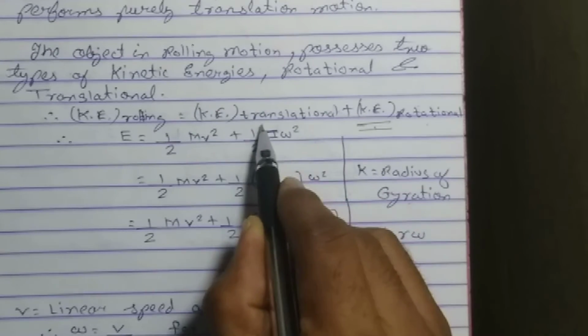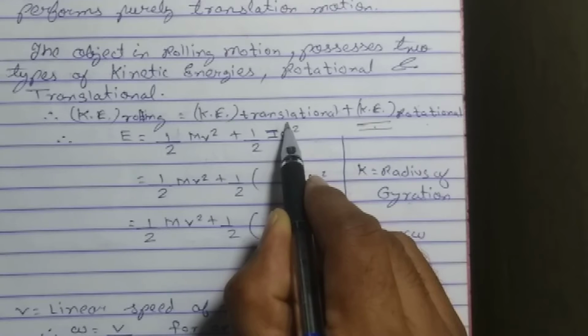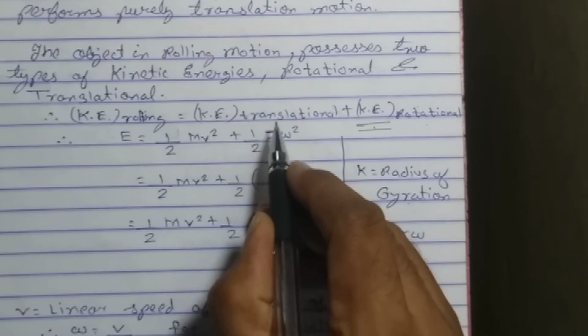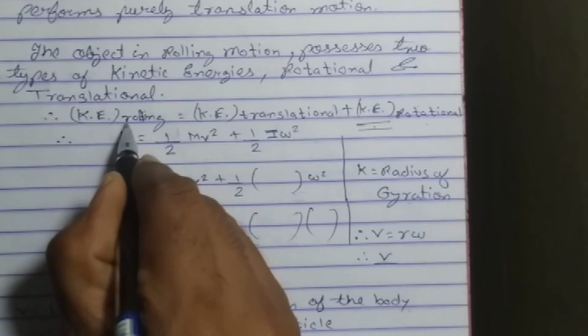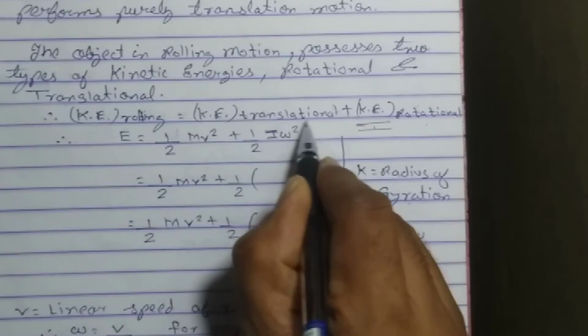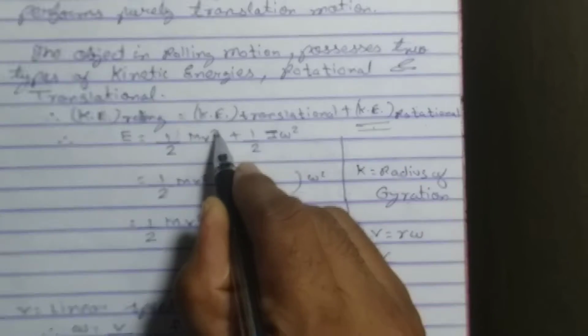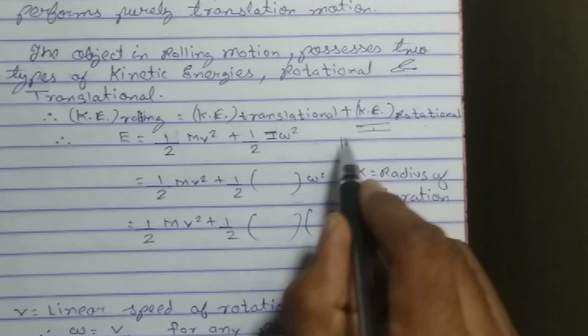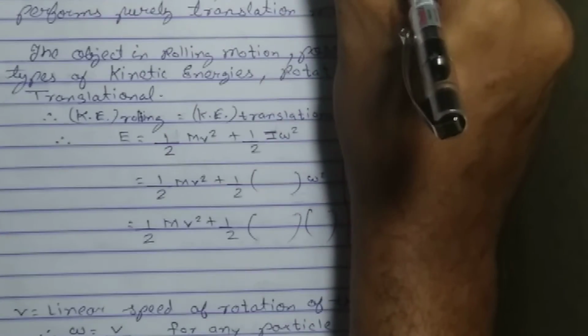When the body is in translational motion, its kinetic energy is called translational kinetic energy. So we say the rolling kinetic energy of the body is the sum of translational kinetic energy plus rotational kinetic energy.